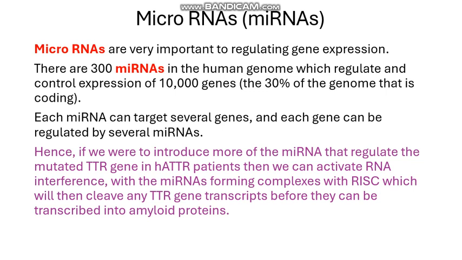So if we were to introduce more of the microRNA that regulates the mutated TTR gene in hATTR patients, then we can activate the RNA interference that we want, with the specific microRNA for the TTR gene forming a complex with the RISC. The RISC complex is then going to recognize any transcript of mRNA coming from the mutated TTR gene.